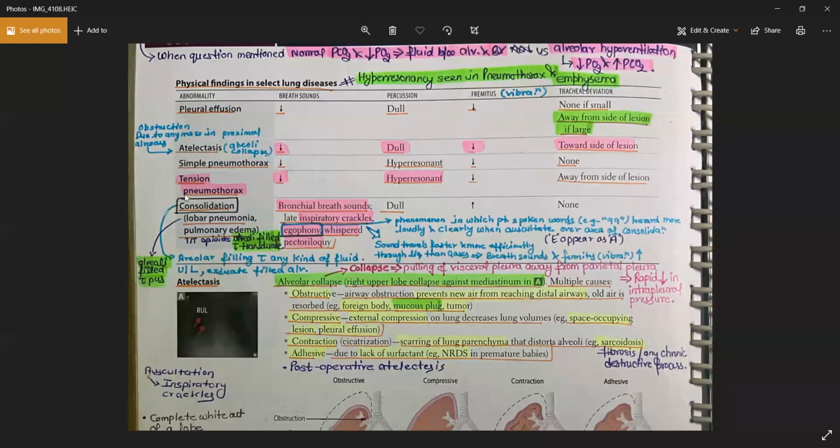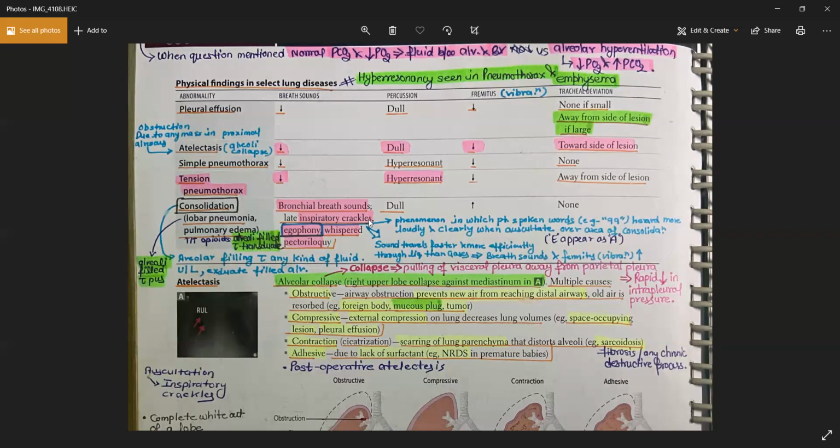In case of consolidation, your lungs become hardened, and sounds can travel more easily in solids than in liquids and gases. Because of this, the patient can have bronchial breath sounds. The sounds will be increased. Other than that, on auscultation the patient can also have crackles because you have edema in the lungs. And how does a crackling sound produce? By opening of the alveoli.